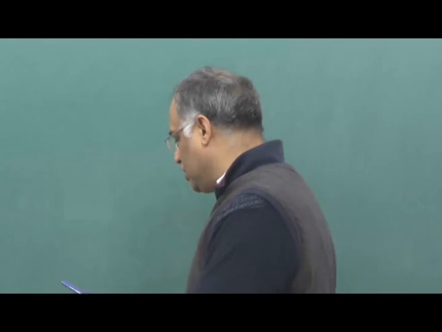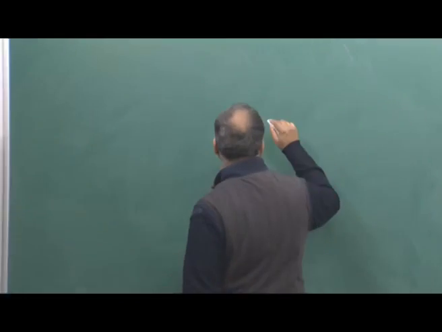So, it is better for me today to tell you the book that I will be using from this class onwards till the end of this course. It is a book called An Introduction to Stochastic Differential Equations by Lawrence C. Evans.